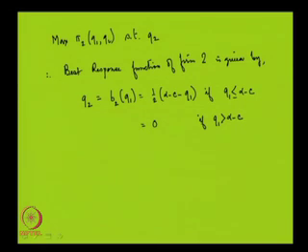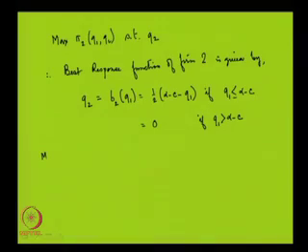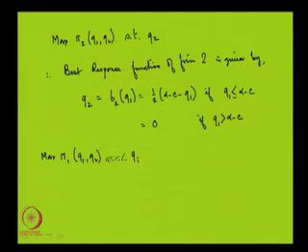Now, since this is the best response function of firm 2, what firm 1 will decide is that right at the beginning of the game, he will take this as given and maximize its own profit. So, maximize pi 1, which is nothing but u1, subject to q1.